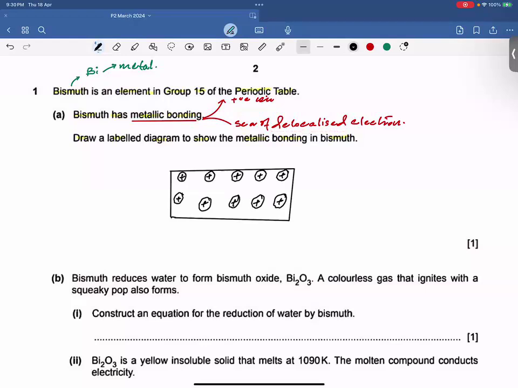And we need to mention electrons between these two positively charged ions so that they cannot repel each other.